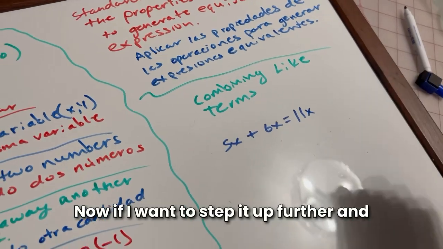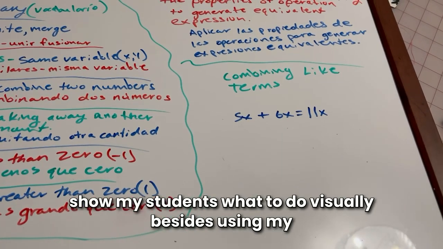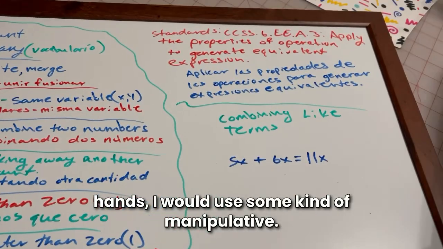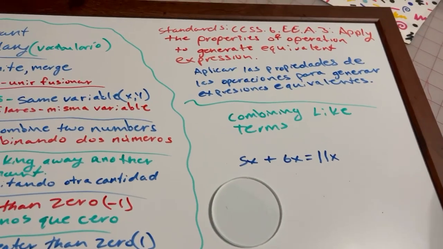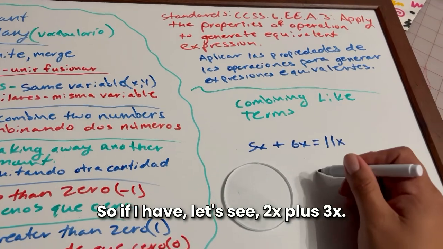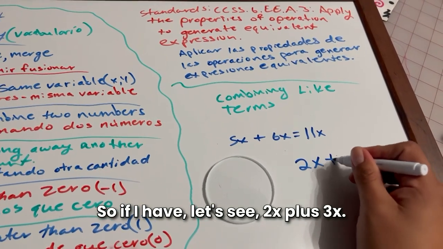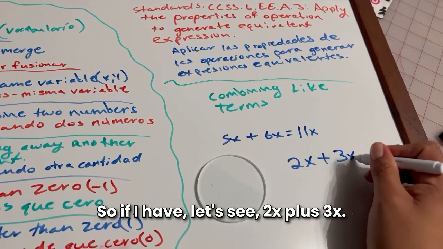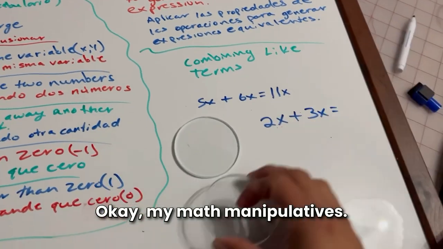Now, if I want to step it up further and show my students what to do visually, besides using my hands, I would use some kind of manipulative. So if I have, let's see, 2x plus, let's see, 3x. Okay, my math manipulatives.